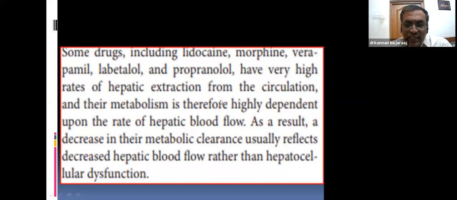So the metabolic clearance of these drugs depends on hepatic blood flow. A decrease in metabolic clearance of these drugs reflects decreased hepatic blood flow rather than hepatocellular dysfunction. So blood flow to the liver is most important for extraction of these drugs. Okay.